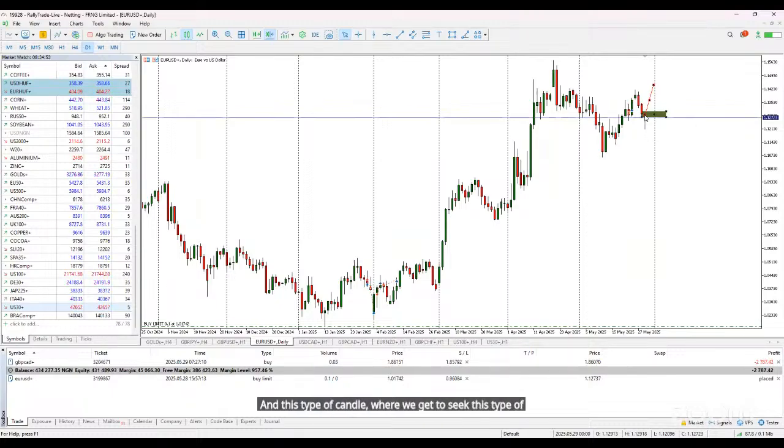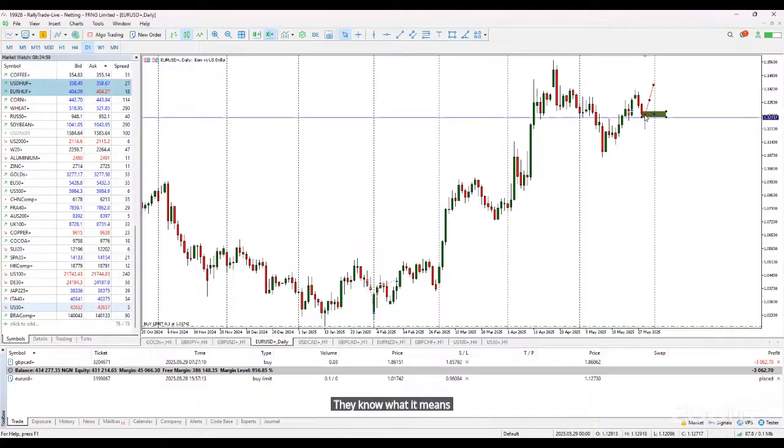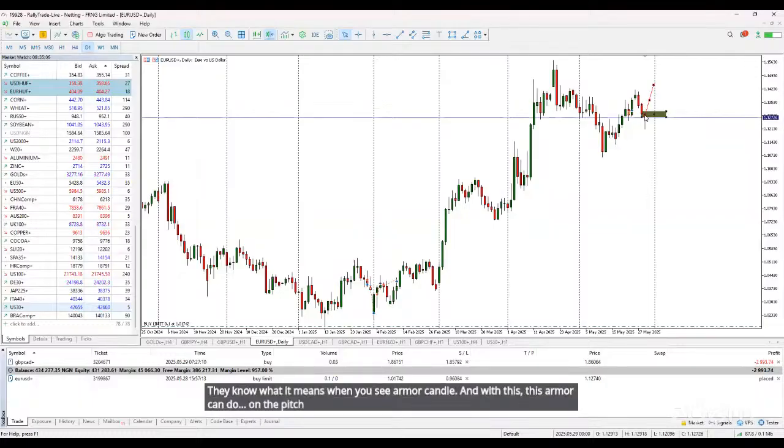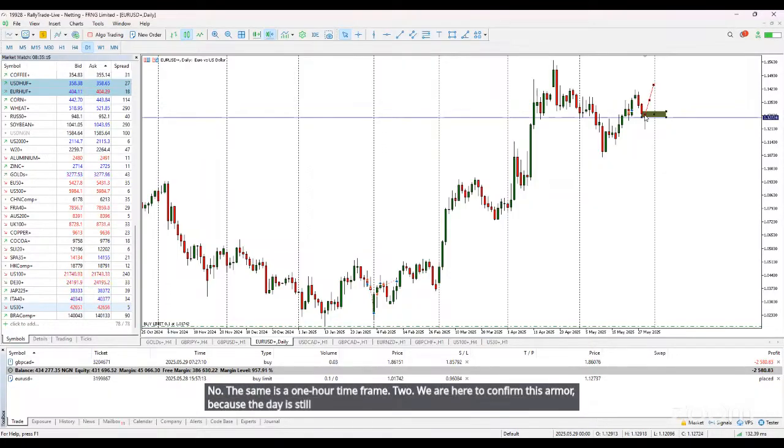For those people that use candlestick anatomy, they know what it means when you see a hammer candle. We didn't see this hammer candle on 30 minutes or 15 minutes time frame. They are seeing it on the 1 hour time frame, though we are yet to confirm it's a hammer because the day is still bright.